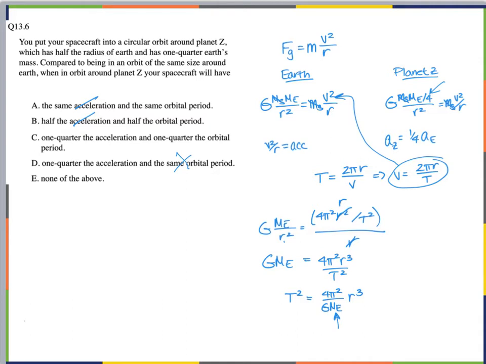But in fact, because for planet Z we have 4 pi squared over G times the mass of the Earth divided by 4, times r cubed, the period is actually going to be bigger for planet Z. So this isn't the answer either, because that indicated the period would be smaller for planet Z. So through process of elimination, it turns out that for once the answer that says none of the above is actually the answer.